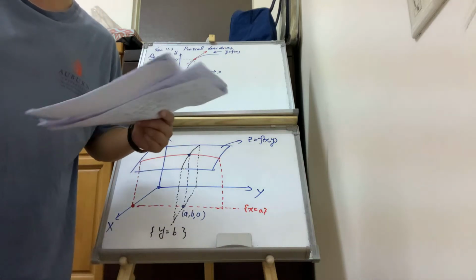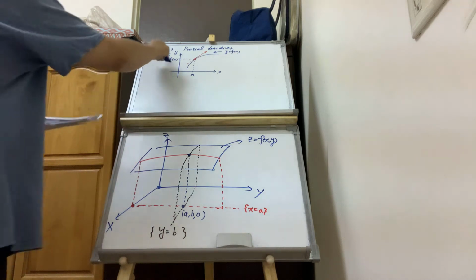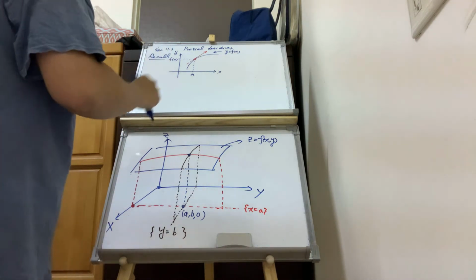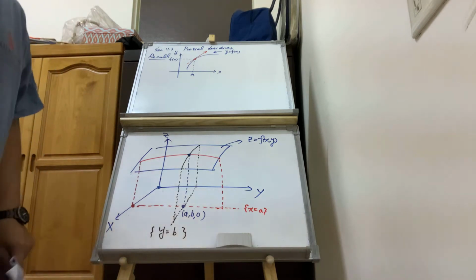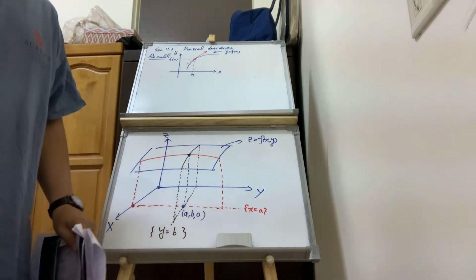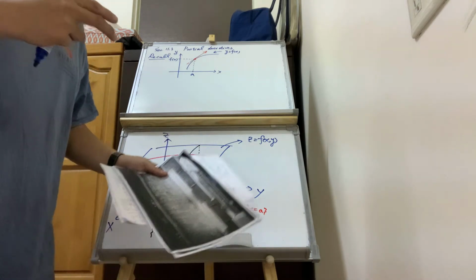Okay, so today we would like to talk about section 11.3, partial derivatives. In section 11.1, we talked about a function that contains two or more variables, and its definition.